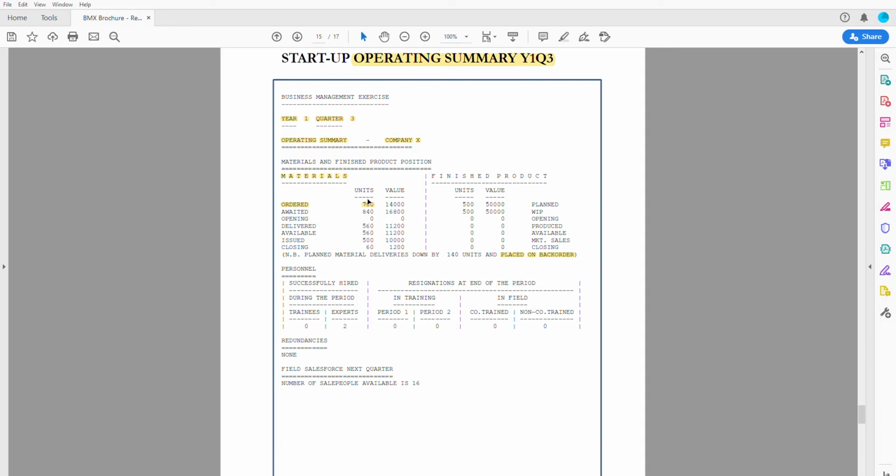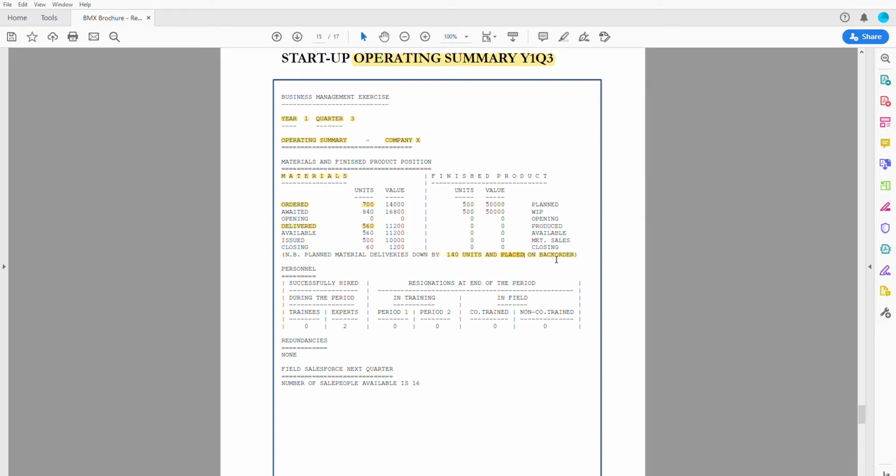You need to keep on ordering raw materials every single quarter or you will run out at some stage. What actually happened was you can see here that delivered in quarter 3 were not 700 but actually only 560. That's because the Australians didn't fully send us what we'd asked for, and you will notice at the bottom here it says that 140 units have been placed on back order.